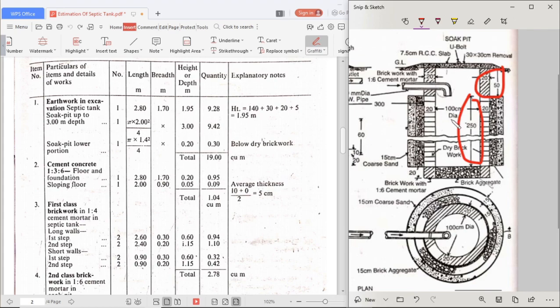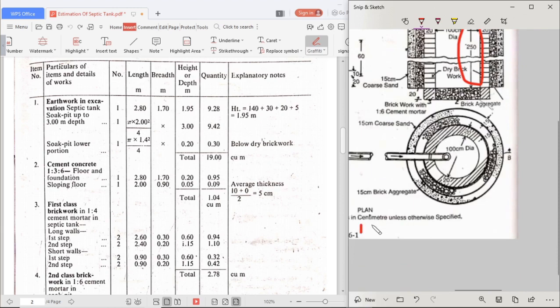Okay. Then how to find the diameter d? See here, 100 centimeter is given. So 100 plus 20. Okay. So 20 plus here 15 plus 15, 30. So here 30, here 30.